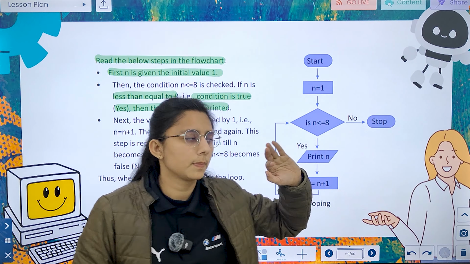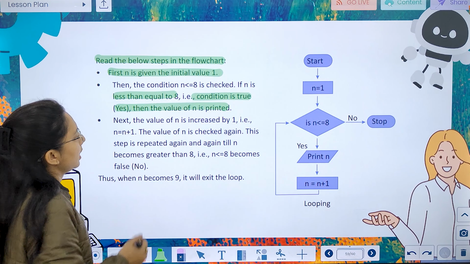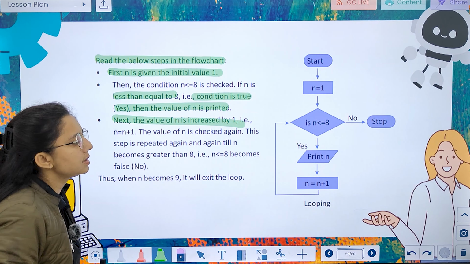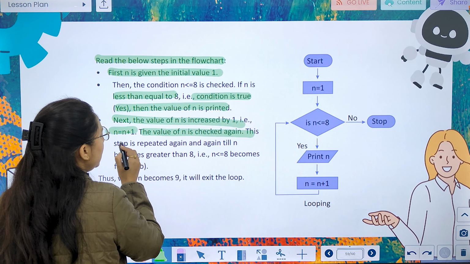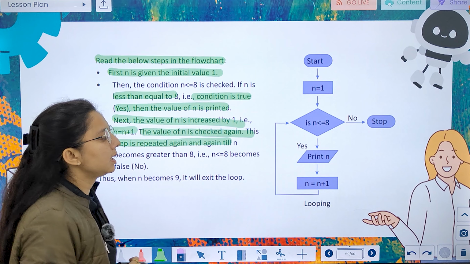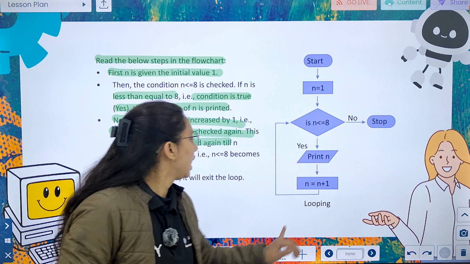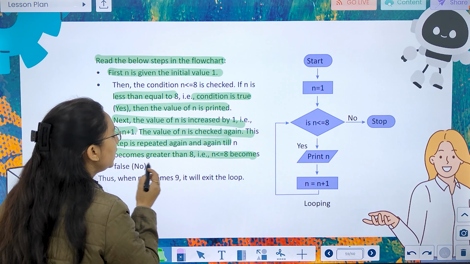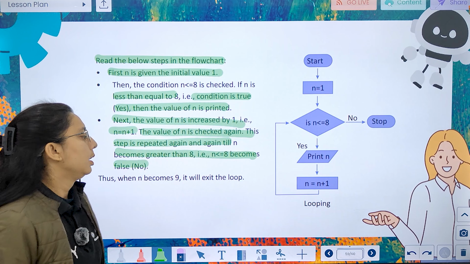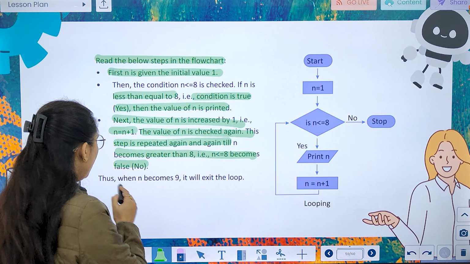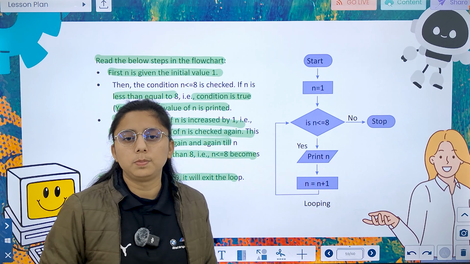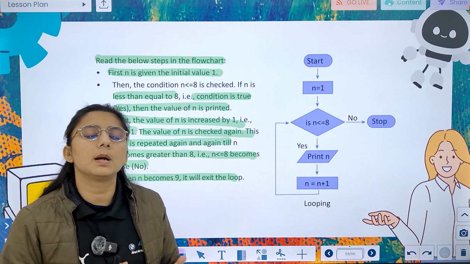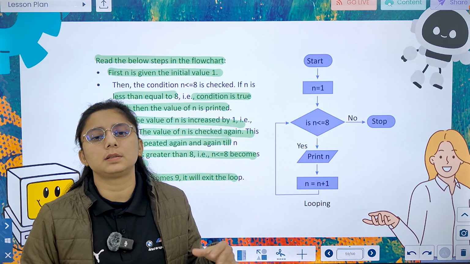No: print n. Yes: stop. Next, the value of n is increased by 1, that is n plus 1. The value of n is checked again. This step is repeated again and again till n becomes greater than 8 and the condition becomes false. So when n becomes 9, it exits the loop.